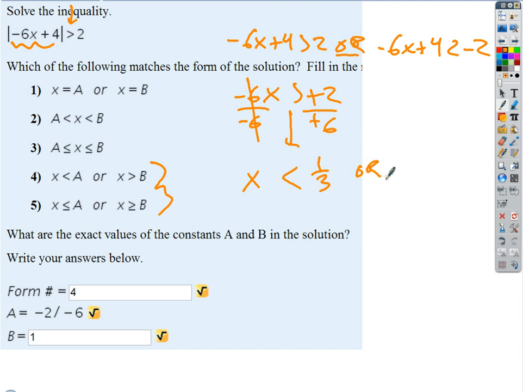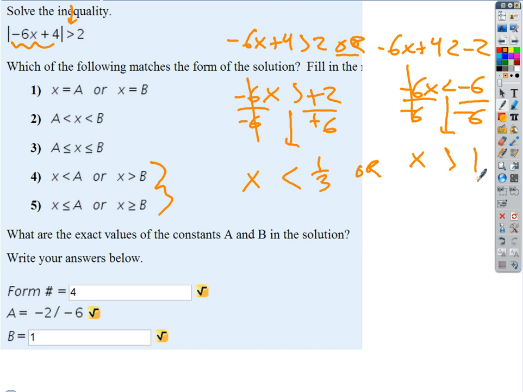Or, over here, same stuff, if I subtract 4, I'm going to get a negative 6 on the other side. Same stuff as before, divide by a negative, so I have to flip the inequality around. The x's cancel. Negative over negative is positive 1, right?